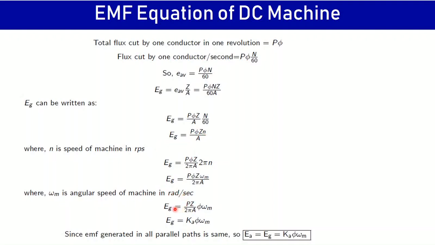So the average EMF will be obtained as PZ by 2 pi A into phi omega m. So as a summary, we see that the armature EMF, which is the back EMF in case of a motor, and generated EMF in the case of a generator, is directly proportional to the flux and the speed.